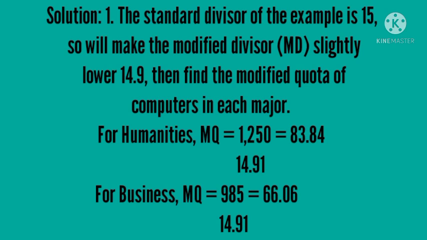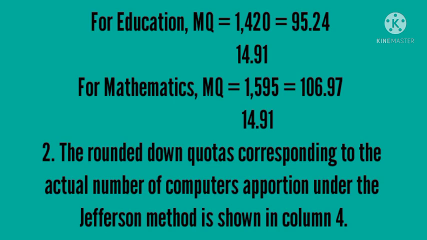For business, modified quota equals 985 divided by 14.91, which equals 66.06. For education, modified quota equals 1,420 divided by 14.91, which equals 95.24.